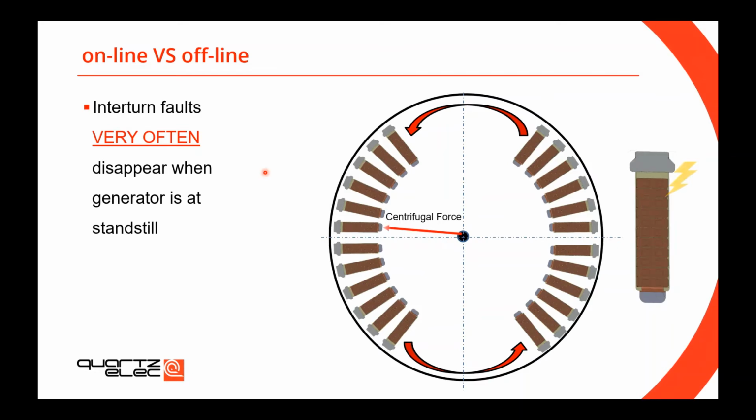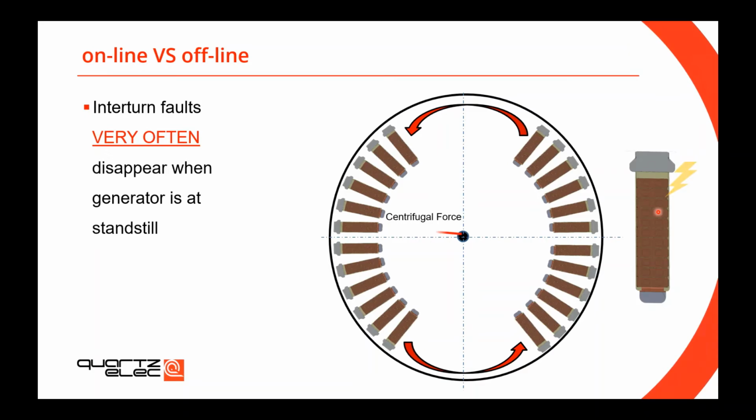When you have 3000 RPM and every component is pressing against each other, so say you have two copper pieces and a broken piece of insulation in between, when you have a centrifugal force acting, most likely the copper will touch the adjacent copper. If, however, you stop the machine, that fault can simply disappear.